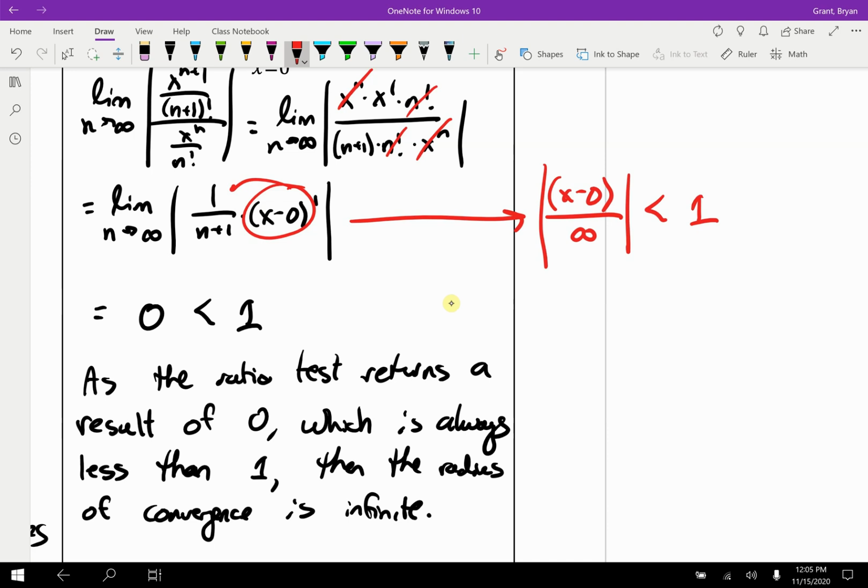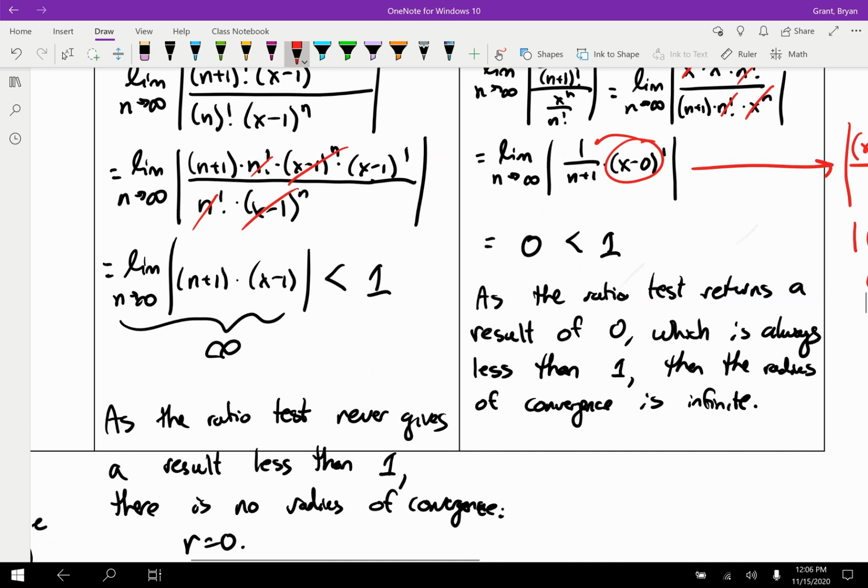Well, if you wanted to isolate x minus 0, you'd of course multiply both sides by infinity. And we get x minus 0 is less than infinity. Well, x minus 0 is always less than infinity, right? It might be infinity if you use infinity, but since x has to be a number, you can't use infinity. So you can see then that this is going to be centered at x equals 0 with a radius that's infinitely large.